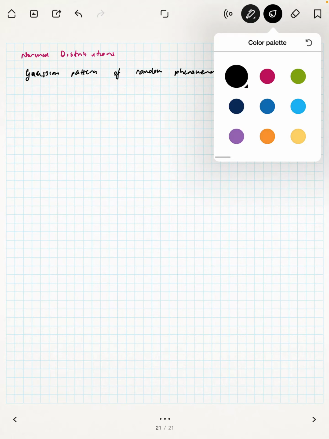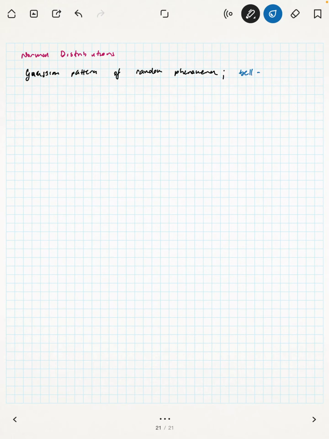So we're typically thinking about something that's called a Gaussian pattern of random phenomena, or bell curve shaped probability density.